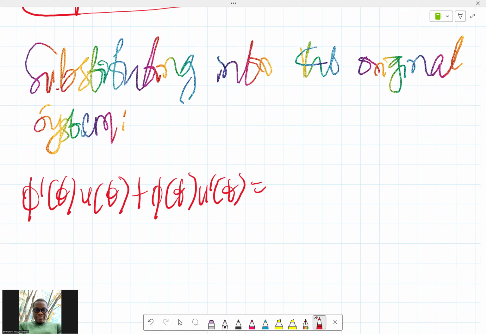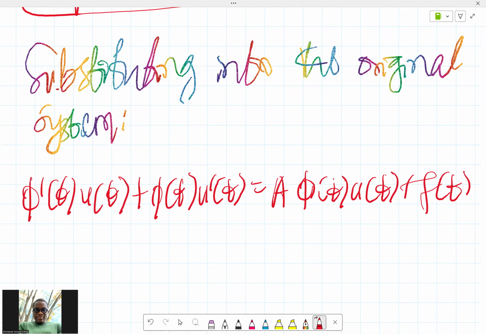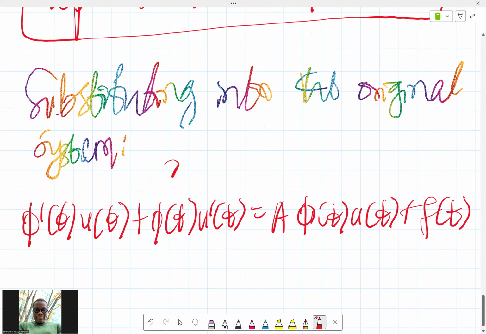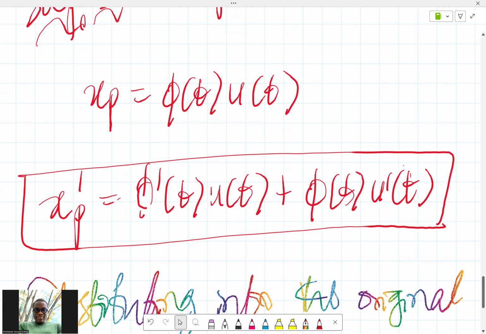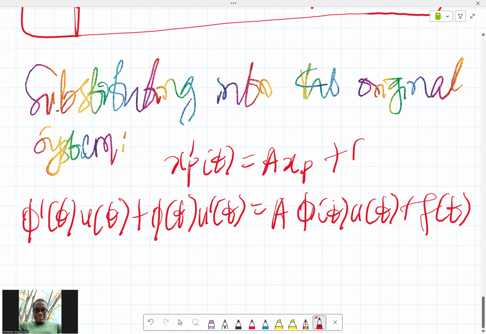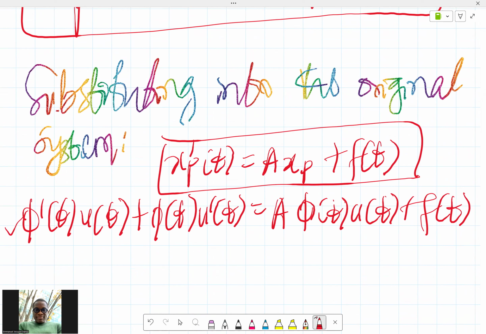That's Ax, so to speak, and that will be A phi of t u of t plus the forcing term f of t. So usually we have xp prime of t equals A xp, and now xp is this phi of t u of t, plus the forcing term f of t. Following this pattern, we have this.